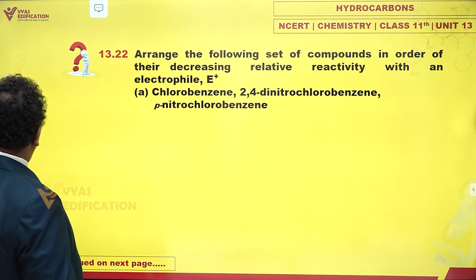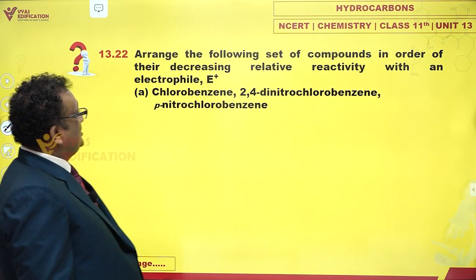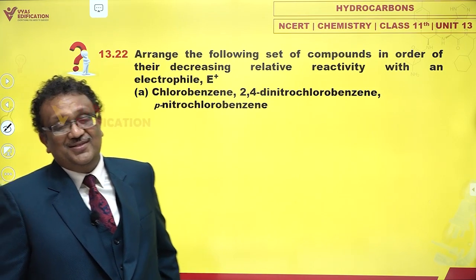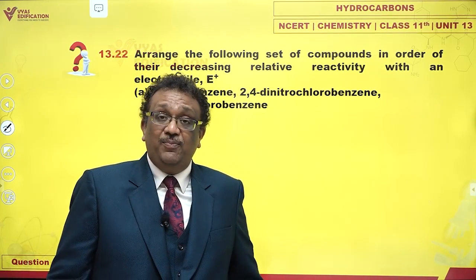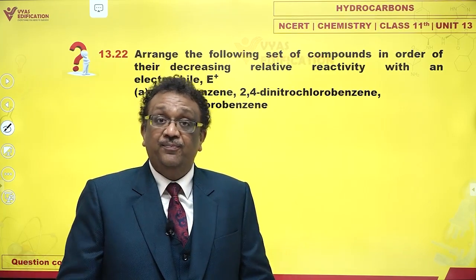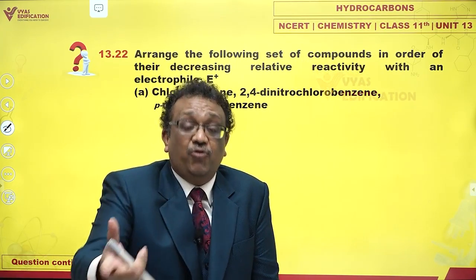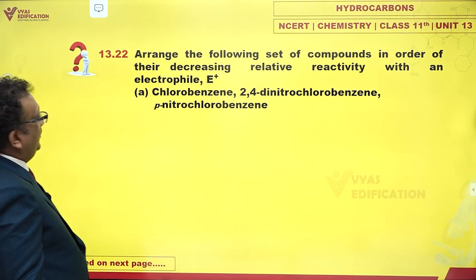Arrange the following set of compounds in order of their decreasing relative reactivity with an electrophile E+. How quickly would somebody react with an electrophile E+? It depends upon, if it is very electron rich, it will react more quickly. And if it gives away its electrons more easily, then also it would be more quick. Let's take a look.